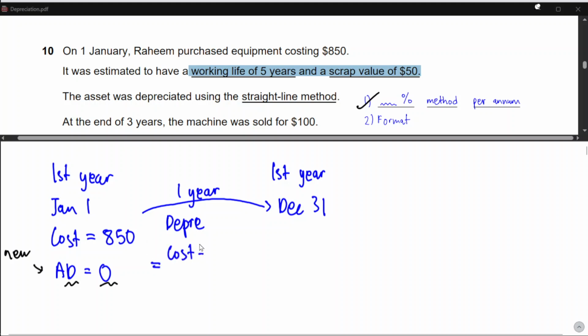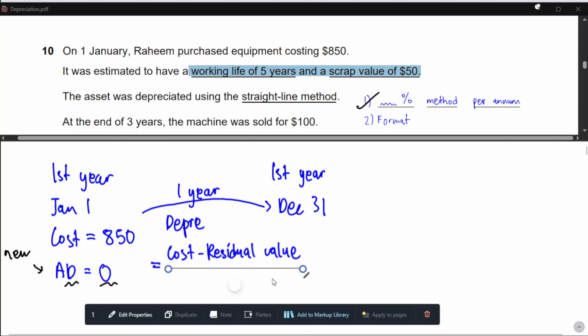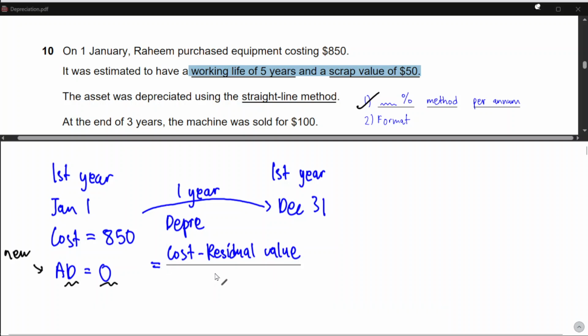So it's cost minus the residual value, divided by the useful life.